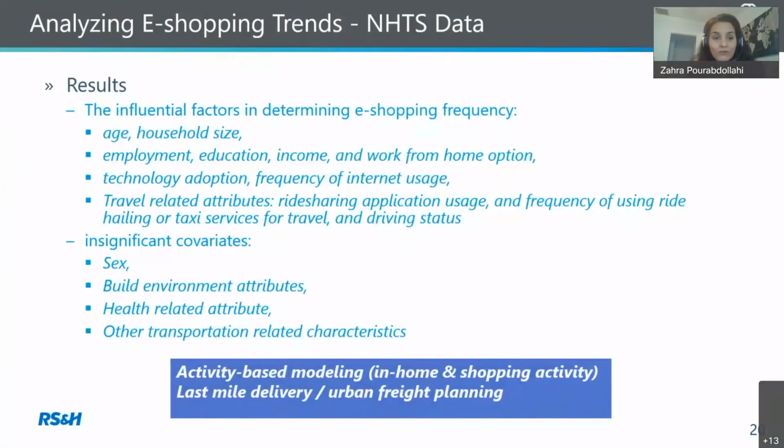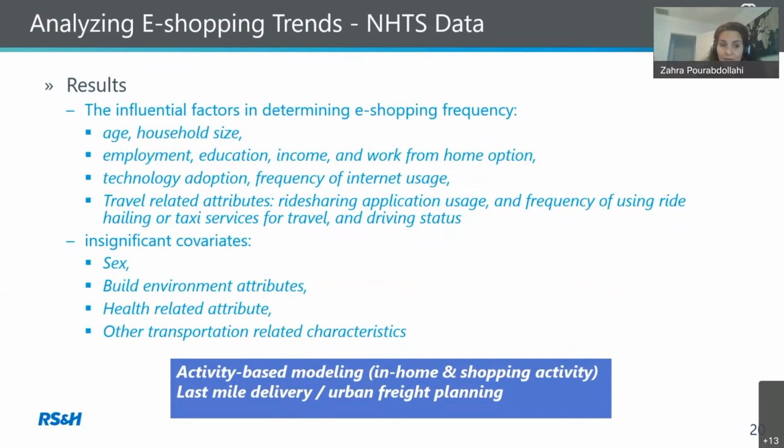If I want to summarize the attributes found significant in explaining the frequency of e-shopping: age, household size, employment, education, income, work from home option or flexible work schedule, frequency of internet use, ride-sharing application usage, frequency of using ride-hailing services, and also driving status.